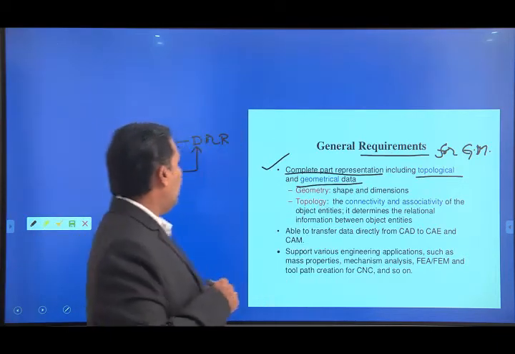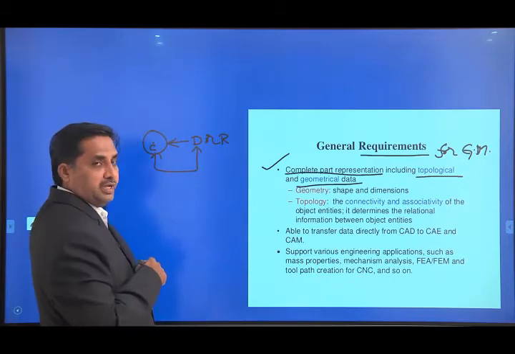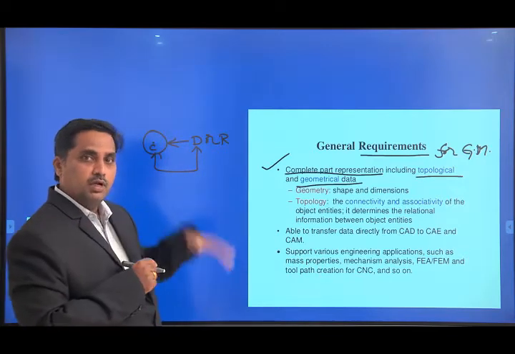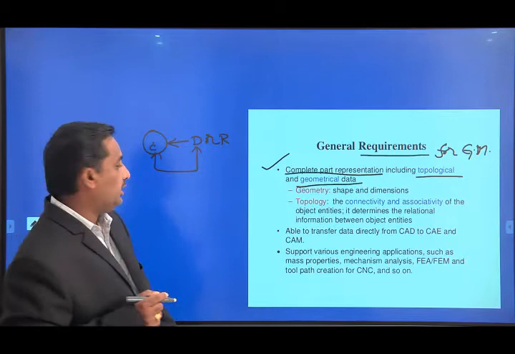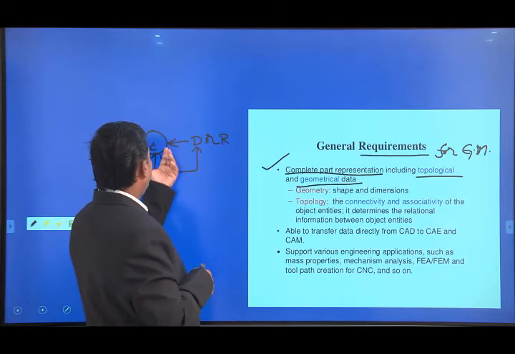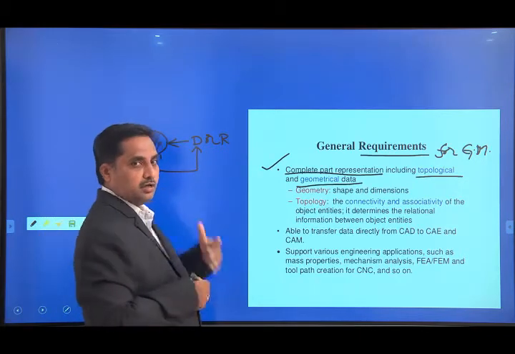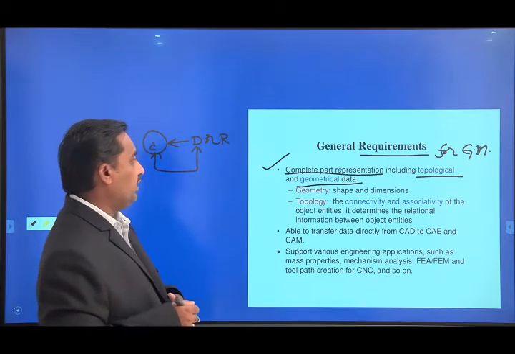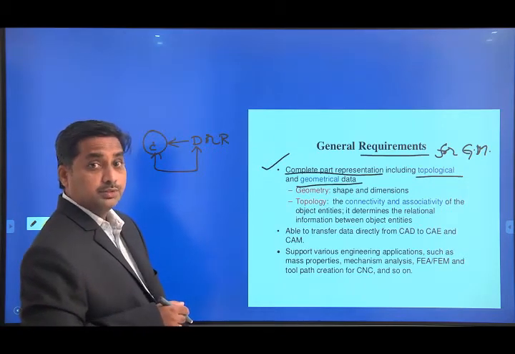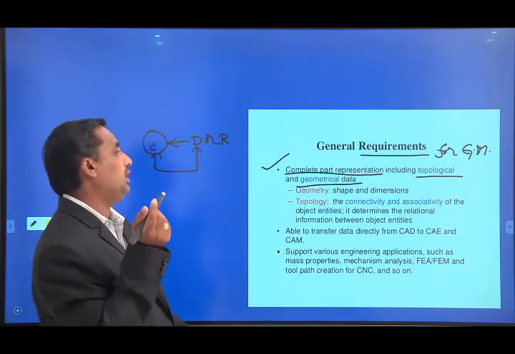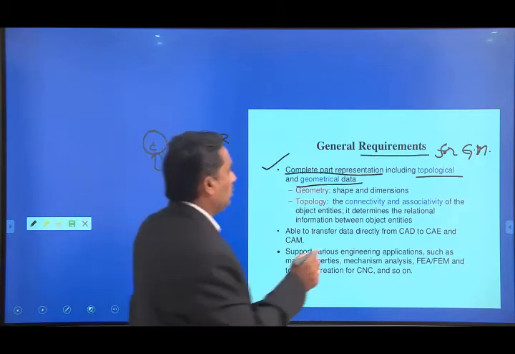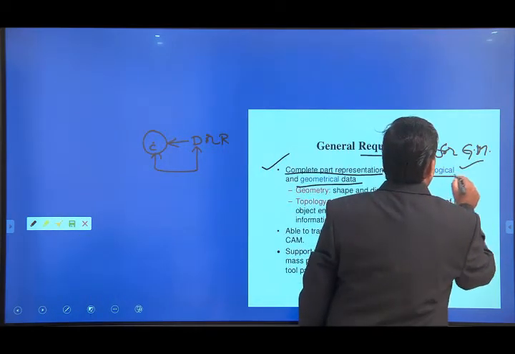We have to specify that data here. For a circle, usually center and radius or diameter, and also for different curves, different location and dimensional data we require. And also including topological data.